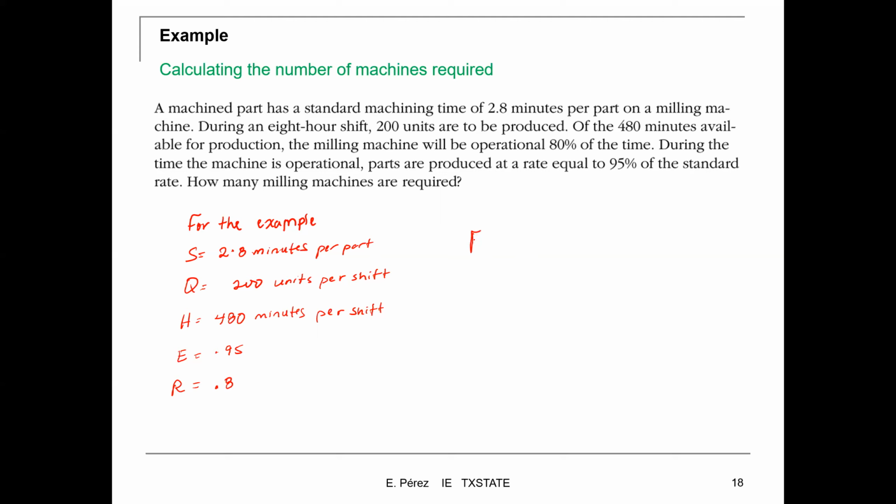So we can substitute those numbers into the formula. It's 2.8 times 200 divided by 0.95 times 480 times 0.80. And this is equal to 1.535 machines per shift.